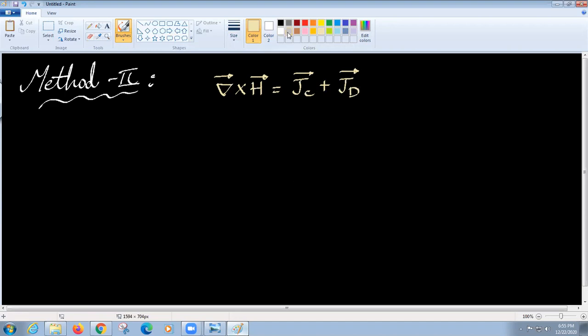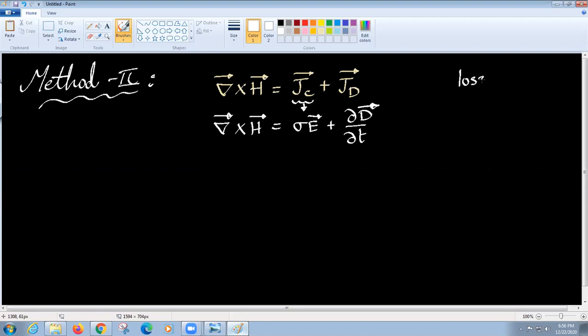Ohm's law says that J_C must be sigma E, and the displacement current density is dou D by dou t, where D is the electric displacement or electric flux density.